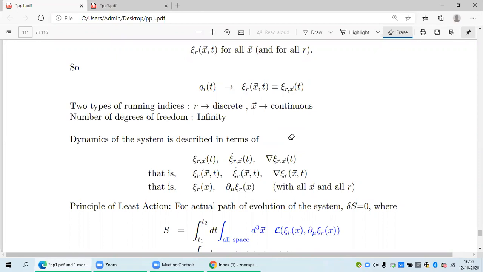So far as books are concerned for this part, what book has Sanjay sir referred to for field theory? Peskin and Schroeder. You can see in Peskin and Schroeder why you need x, and how you have to tackle this x part in field theory as a generalized coordinate.